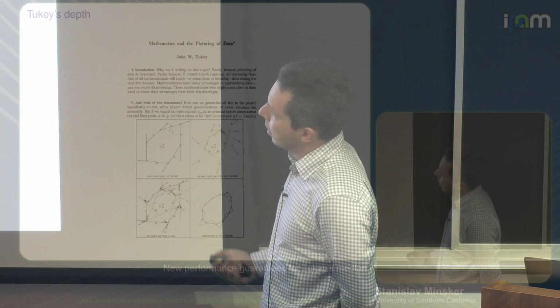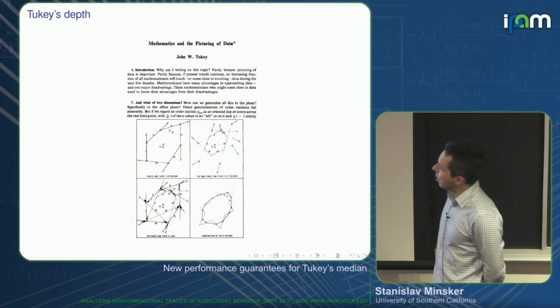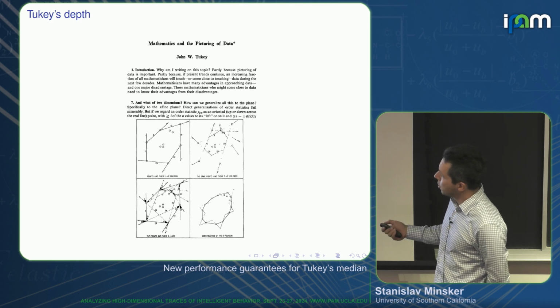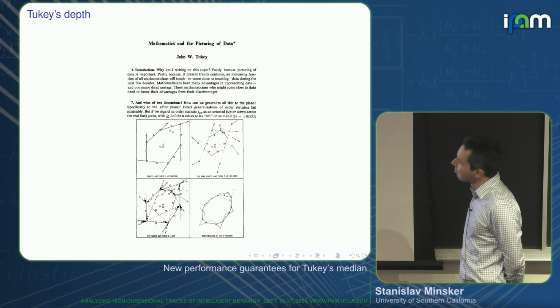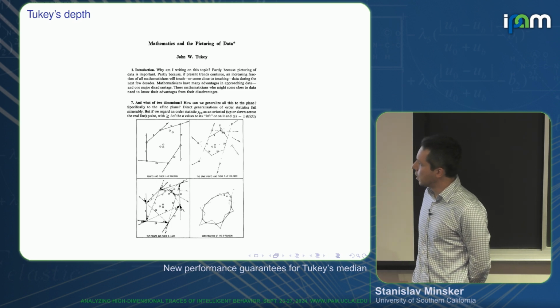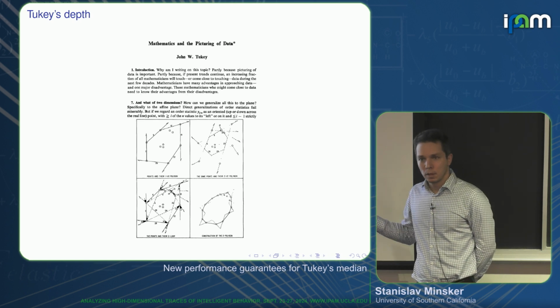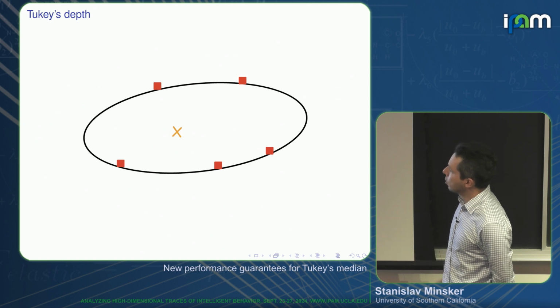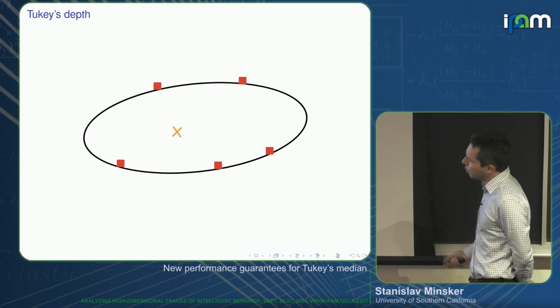So in his 1975 paper, which appeared in the proceedings of the 1974 Congress of Mathematicians, a very interesting read called Mathematics in the Picture of Data, he suggested a way to use the idea of depth to assign ranks to the points in 2 dimensions.